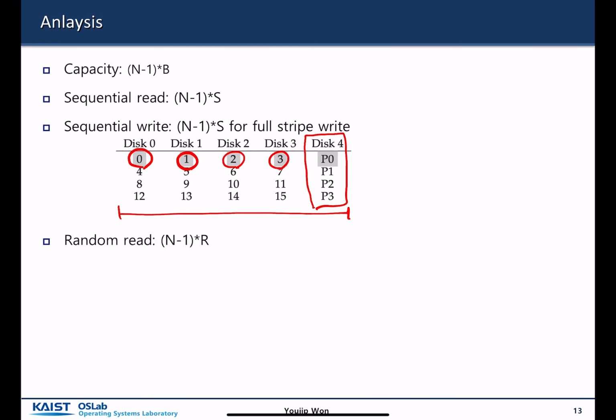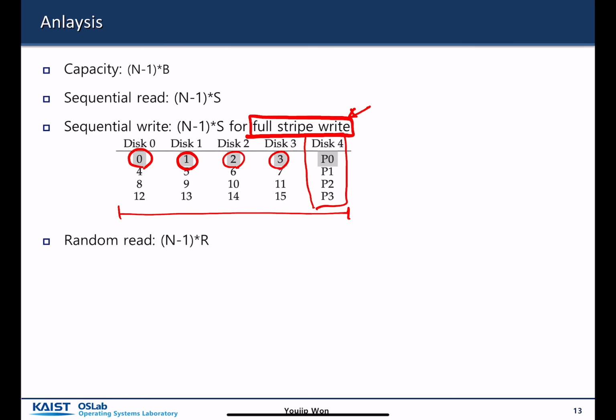Sequential write, if you do a full stripe write, if you write 4 blocks at a time, then we can fully utilize n-1 disk bandwidth effectively. But that's only for full stripe write. Random read is the same.